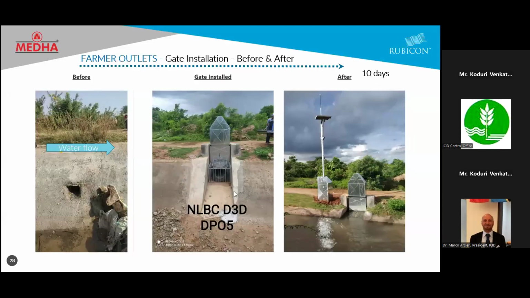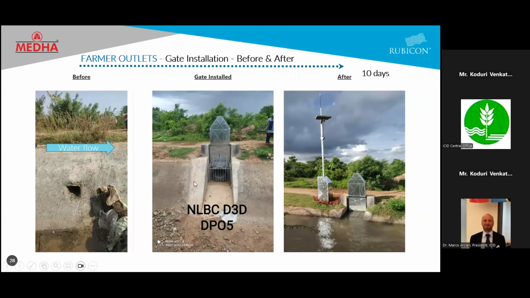Now, this is a small illustration of how the whole transformation looked. The initial structure appeared like this, a small vent with no control structure. This is a field channel going directly to the field of a farmer. You can see that a small bund was created by the farmer, who is intelligent enough to know that if there is head, there will be submergence in my channel, and only then will I get the water.